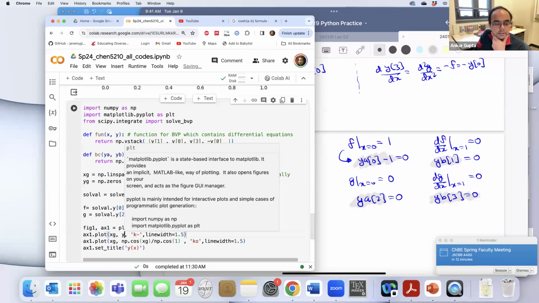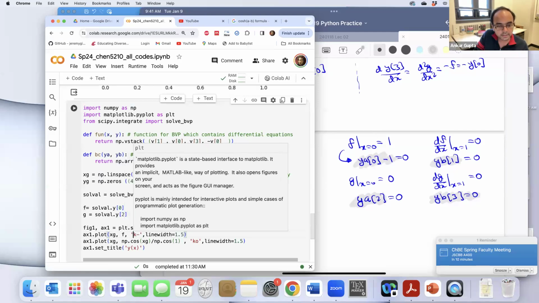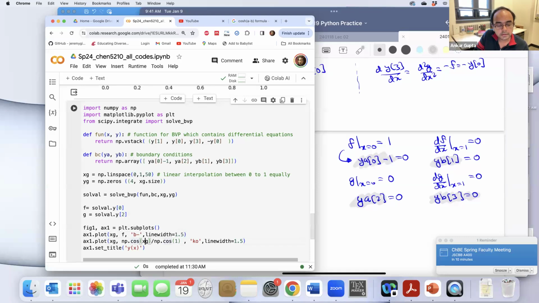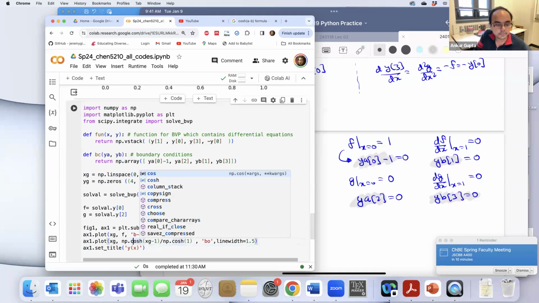And so the solution now should be f and g. So for f, let's use the color blue. And the solution we found was NP of cosh of x minus 1 by cosh of 1. Then we'll say this is a result.